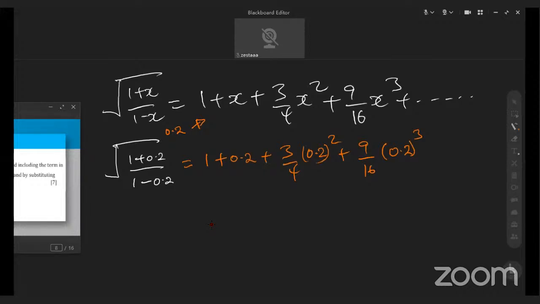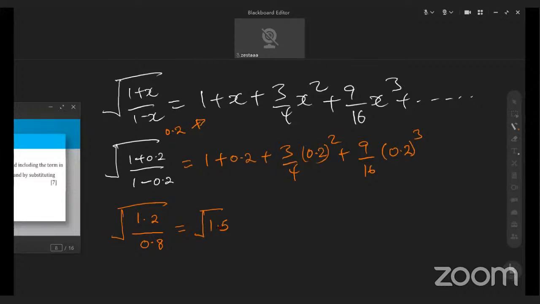So meaning in this one here, when you have the root of 1 plus 0.2, we shall have 1.2, out of 1 minus 0.2, we shall get 0.8. And when you divide 1.2 by 0.8, you come to 1 point what? We shall have 1 point, and it's 1.5 when you walk through.